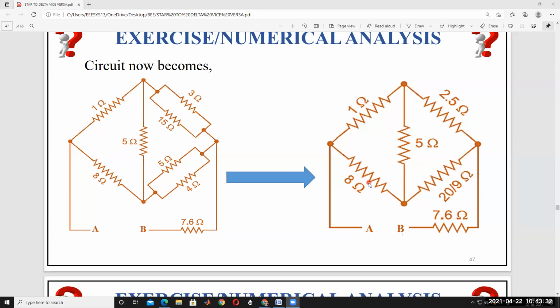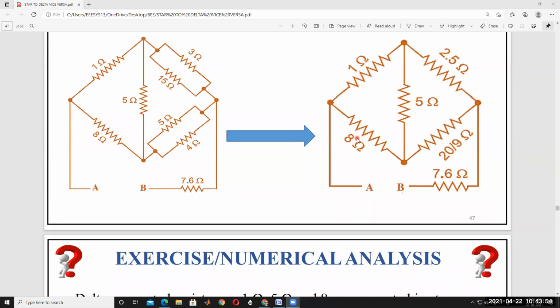Instead of converting this, if you want to convert the other one, you will get the same answer. If you want to convert 1, 5, 8 ohm resistors, otherwise if you want to convert 5, 2.5, 20 by 9, we'll get the same resistance in between A and B. It's clear? So for simplicity, 1, 5, 8 is taken here.